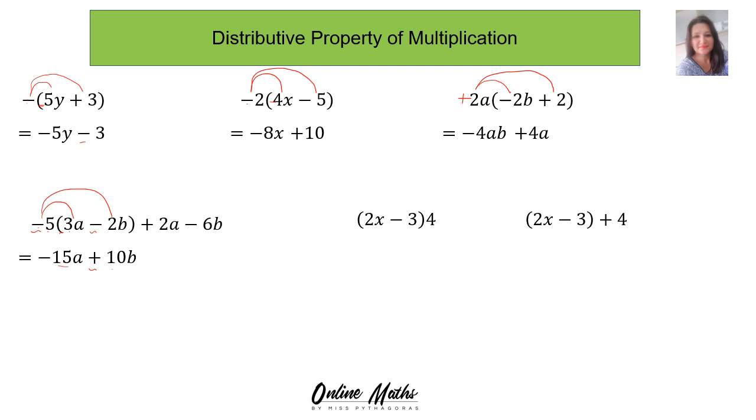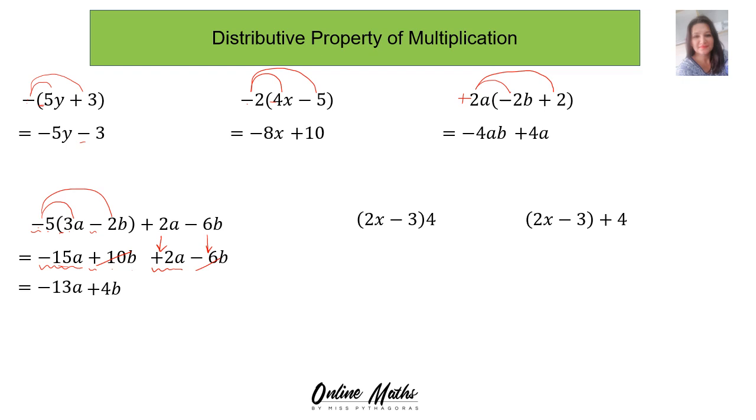And then here on the 2a, there's nothing that can happen there, so it will just write with, as well as the minus 6b. And now in the next step, I find like terms there, so I can add them. Negative 15a plus 2a is negative 13a, and plus 10b minus 6b is 4b. And that's where you stop, since a and b are not like terms.